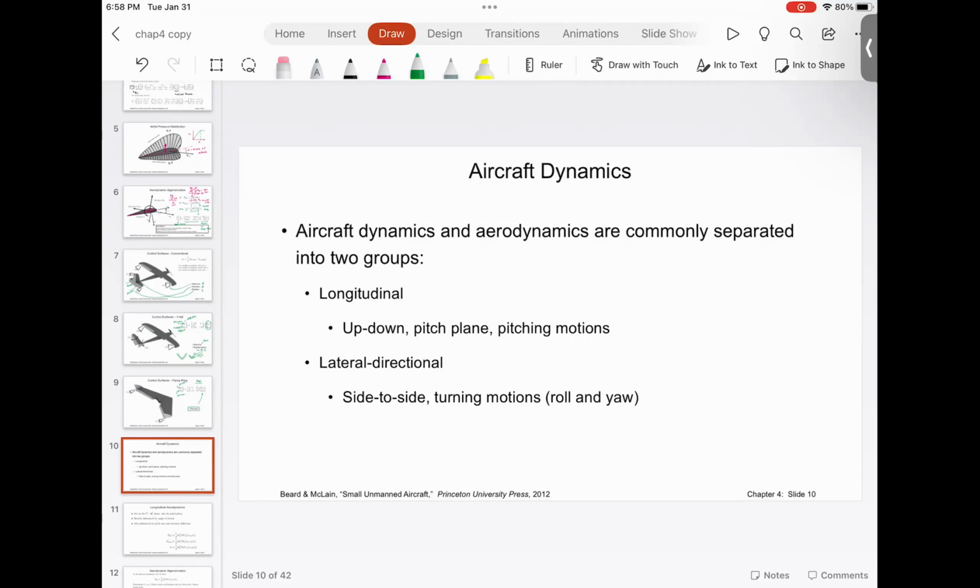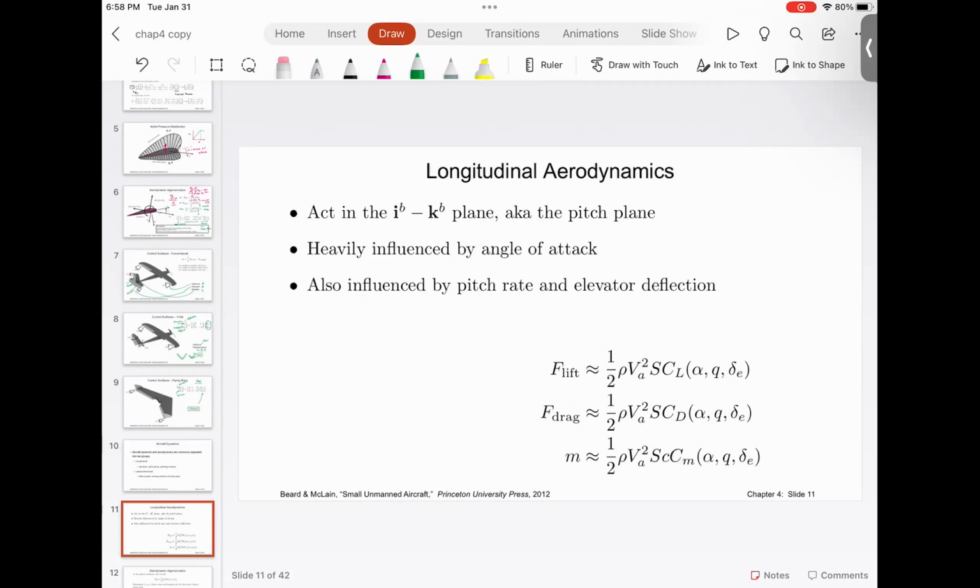In the lateral direction, you are going to look at the sideways motion, and then at roll and yaw. We are going to look at the aircraft dynamics first in the longitudinal direction, and then next in the lateral direction. The longitudinal direction is the sagittal plane, which is also called the pitch plane.